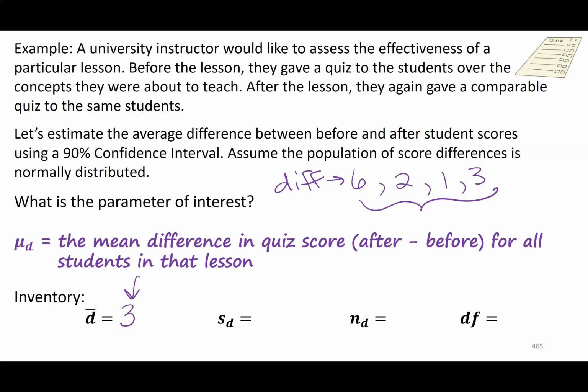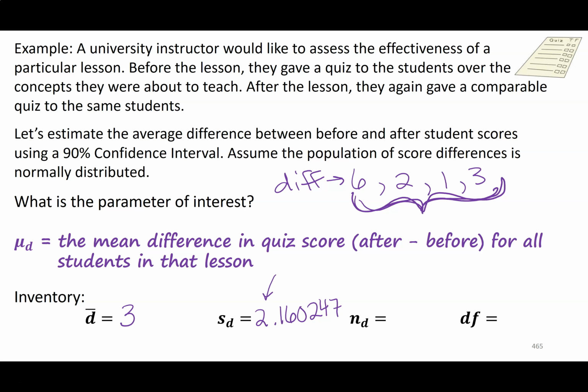Since it's a score, you can put points, but it's not so important to use units here. A lot of times, like IQ scores or just scores in general, they often don't have the units included. So definitely plug these into the calculator. I wouldn't calculate the standard deviation by hand, but when you do that, it's something like 2.16. You can keep going, but probably round at some point.